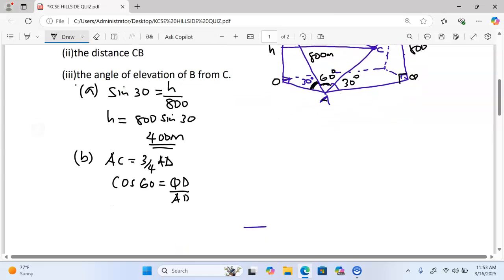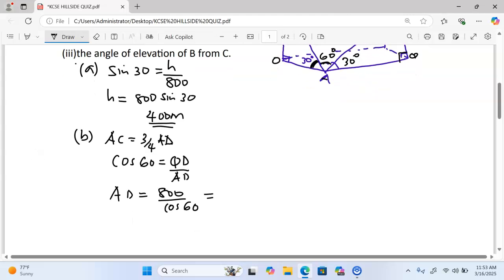In this case, to get AD, you simply take QD, which is 800, and divide by cos 60, giving 800 divided by cos 60.